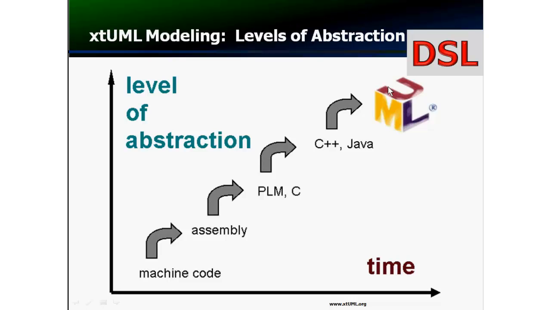Domain-specific languages represent another step even above the executable UML to allow us to be more productive, working at a higher level of abstraction, and shortening the distance between the idea and the model.